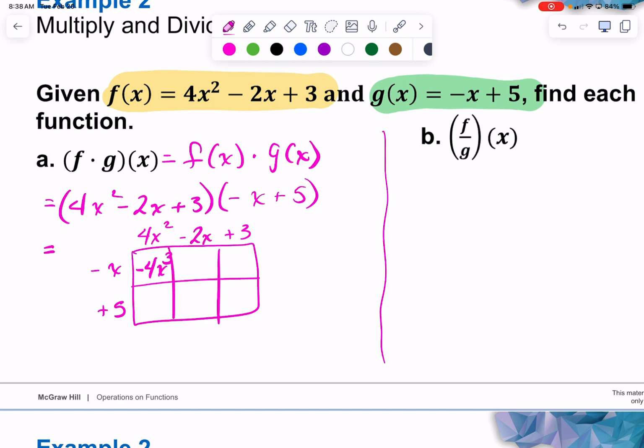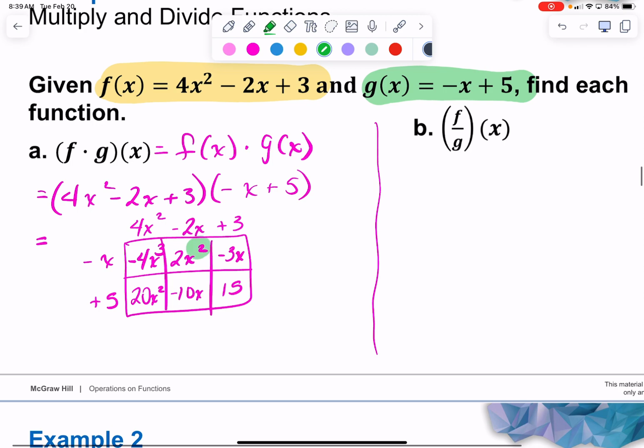Negative x times negative 2x is a positive 2x squared. Negative x times 3, negative 3x, right? And then 5 times 4x squared is 20x squared. 5 times negative 2x is negative 10x, and then plus a 15.